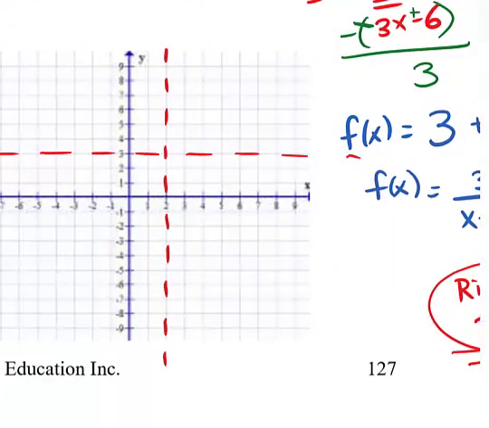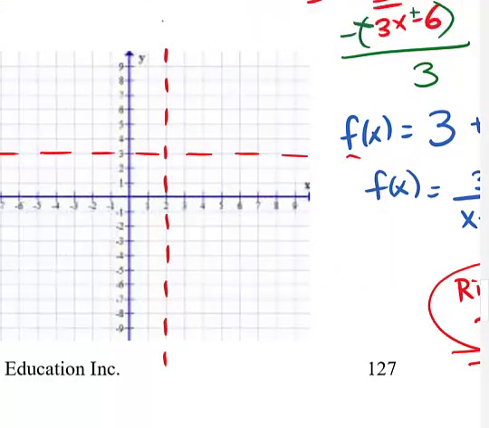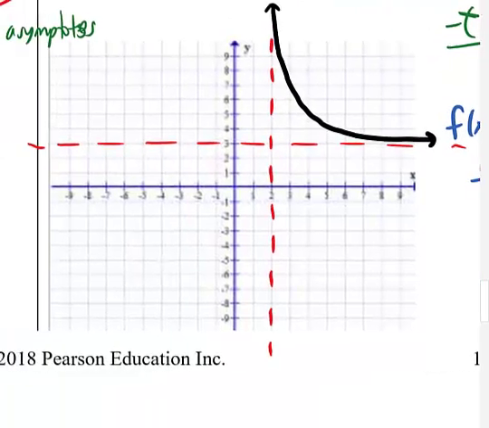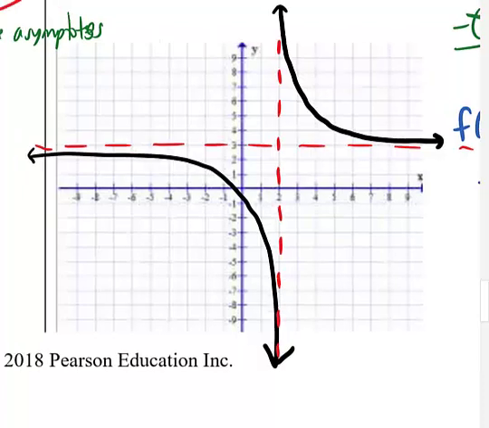So the asymptotes moved, and it's hard to show the stretch or the shrink, so I'm just going to say whatever. It's tucked up in the top right corner and the bottom left corner. Again, now it's not approaching the x and y axes, because they moved right and up.